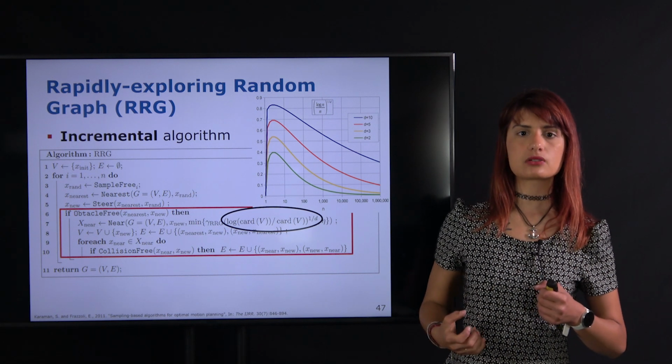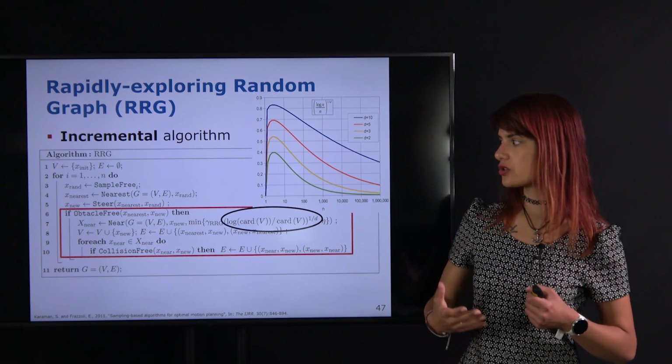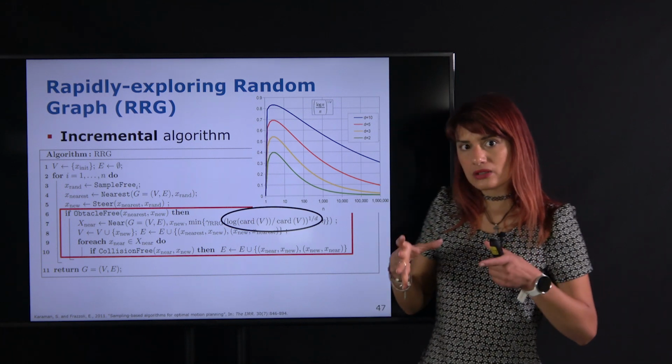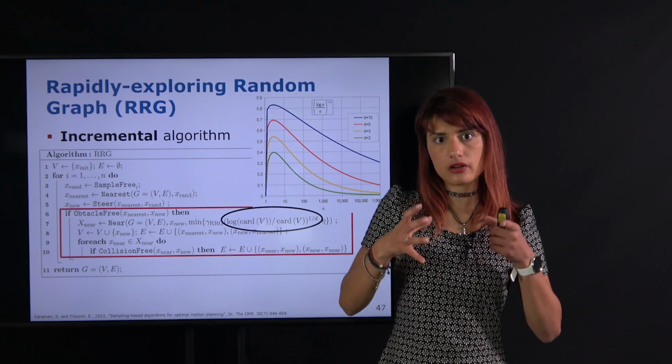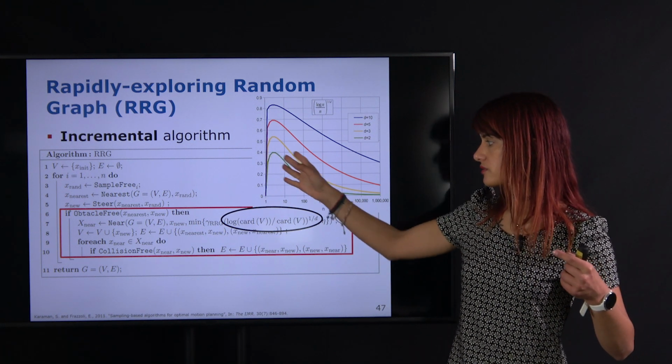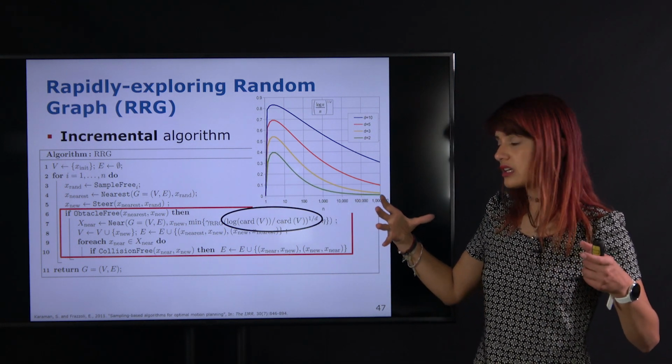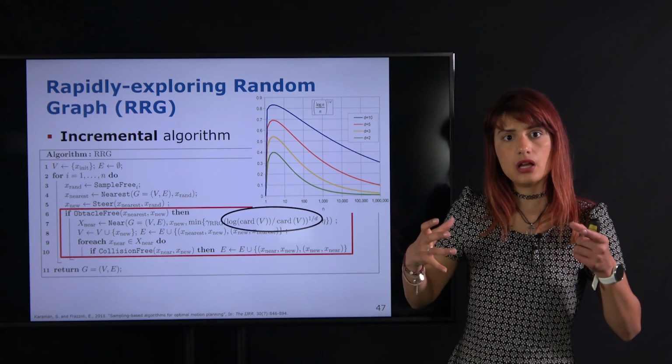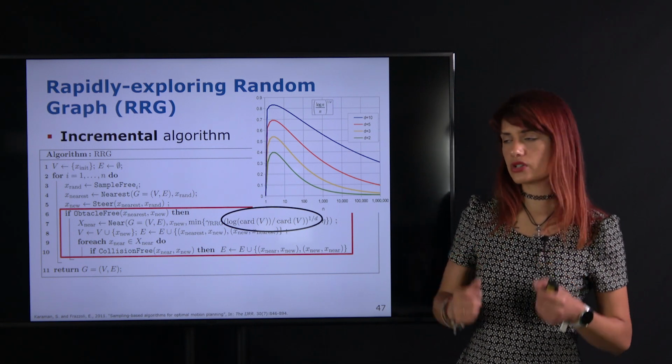However, over time, as our graph gets bigger and we collect more nodes, when we sample, we only look at a very local portion of the search space. And so in this way, there is a rate of convergence that is effectively inversely proportional to the number of vertices or nodes currently in our graph.